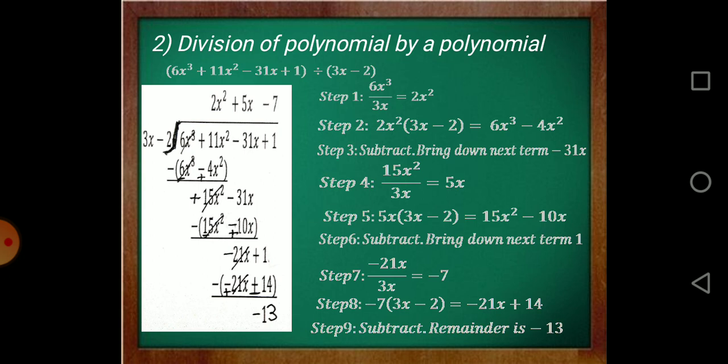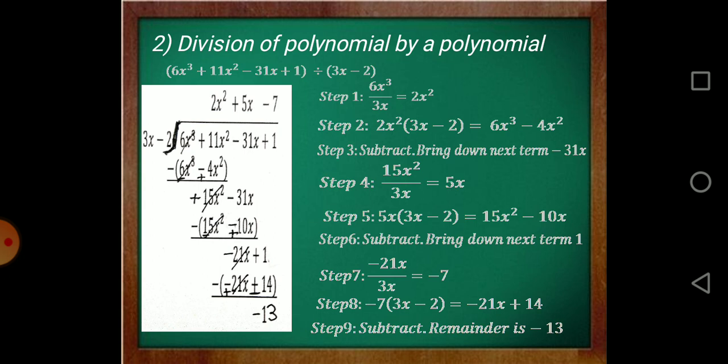Now, the first point is whether they are written in standard form or not. Yes, the degrees of the dividend are 3, 2, 1, 0. It is written in standard form. The degrees of the divisor are 1 and 0, that is 3x power 1, and minus 2 is a constant, so its degree is 0. So both dividend and divisor are written in standard form.